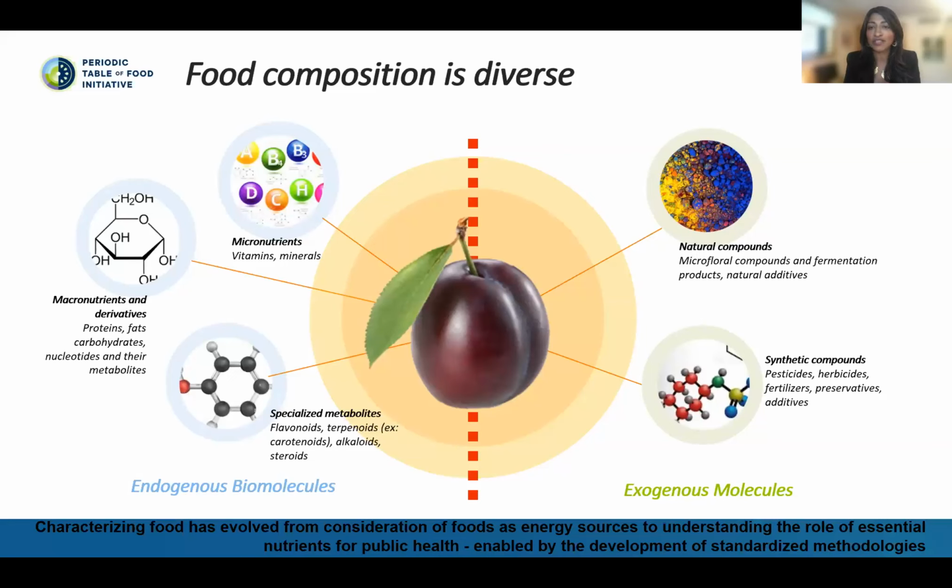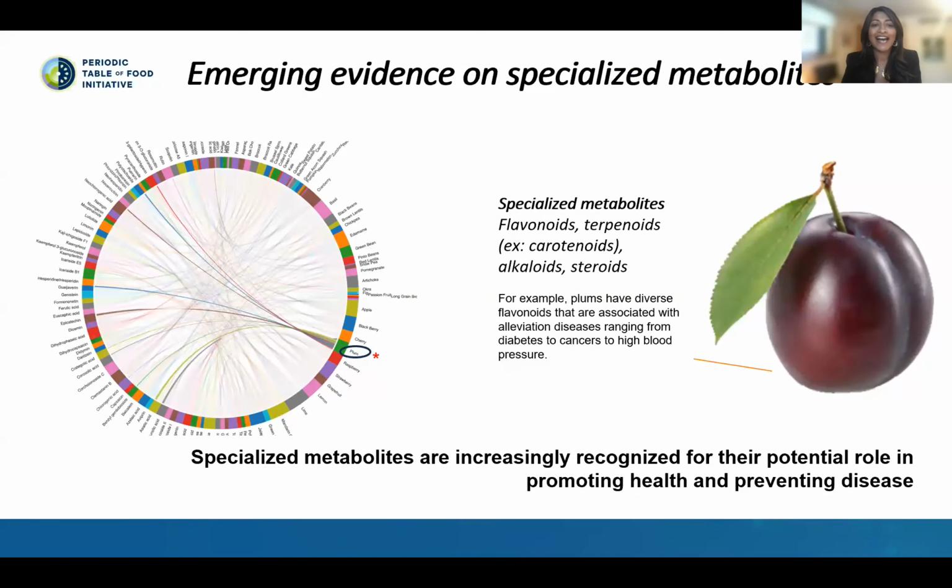In addition to these endogenous biomolecules, there are also components that enter a food through food system practices, including processing and agricultural practices, both natural and synthetic components that can have both beneficial and deleterious impacts on human health. And so the specialized metabolites are increasingly being measured because they're recognized for their potential role in promoting health and preventing disease.